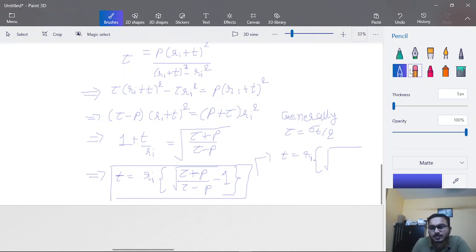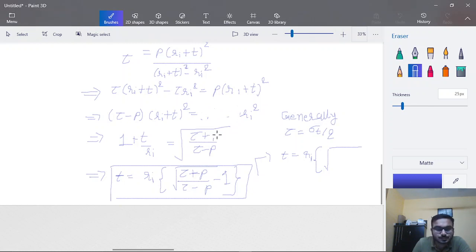So here there is one mistake over here, that here only we will have tau. Only tau will be there. You can check it by yourself that only tau will come.